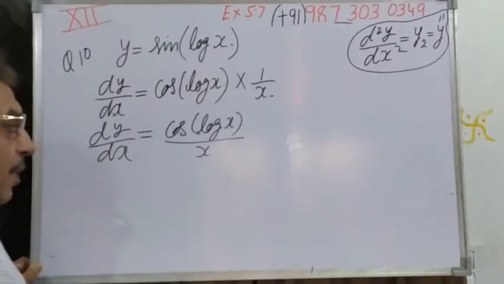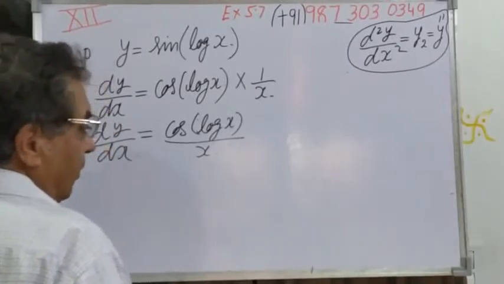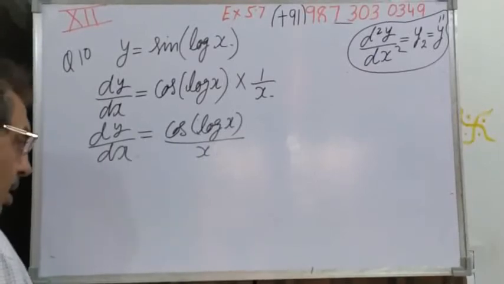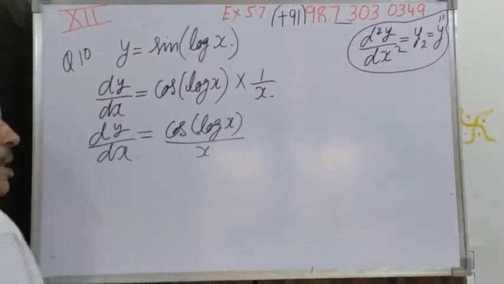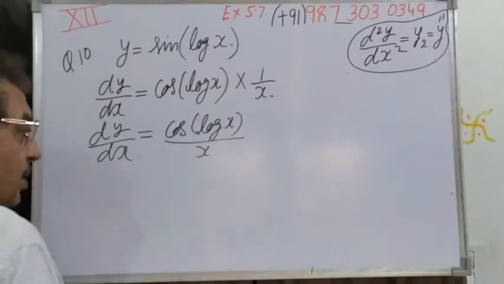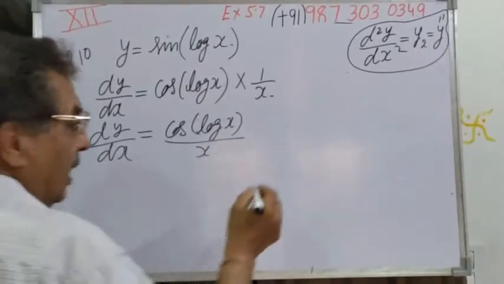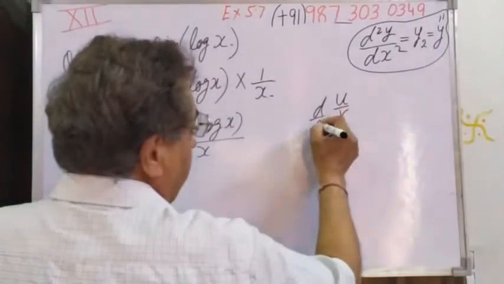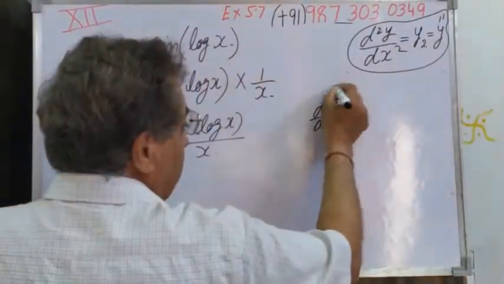But we are supposed to find the second derivative. Now here it comes to be a quotient rule. Now we will be using the quotient rule. It is the division of two functions. So we apply the quotient rule as you have done, d/dx of u upon v.